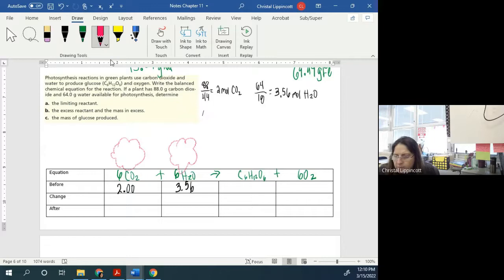So 2 divided by 6 is going to give me my moles here, or my cloud value, which is 0.333. 3.56 divided by 6 is going to give me 0.593. I'm going to get rid of this cloud and leave me with this one. So then figure out how you're going to distribute that.